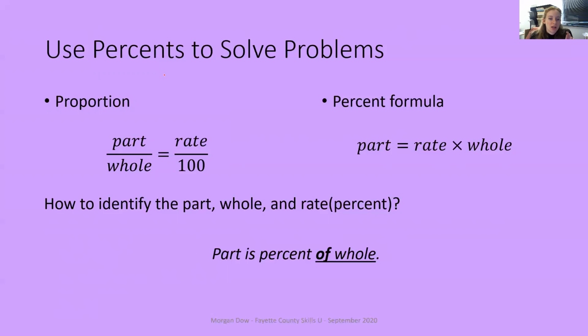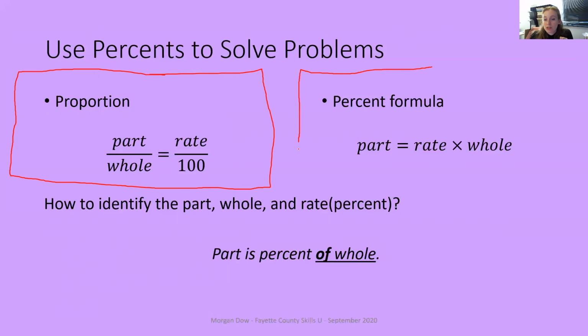So one of the strategies is you can set up a proportion and use that to solve for missing information. Or the second strategy is you can use the percent formula to solve for missing information. They both will get you to the same answer as long as you use them correctly. It's really just a matter of personal preference.